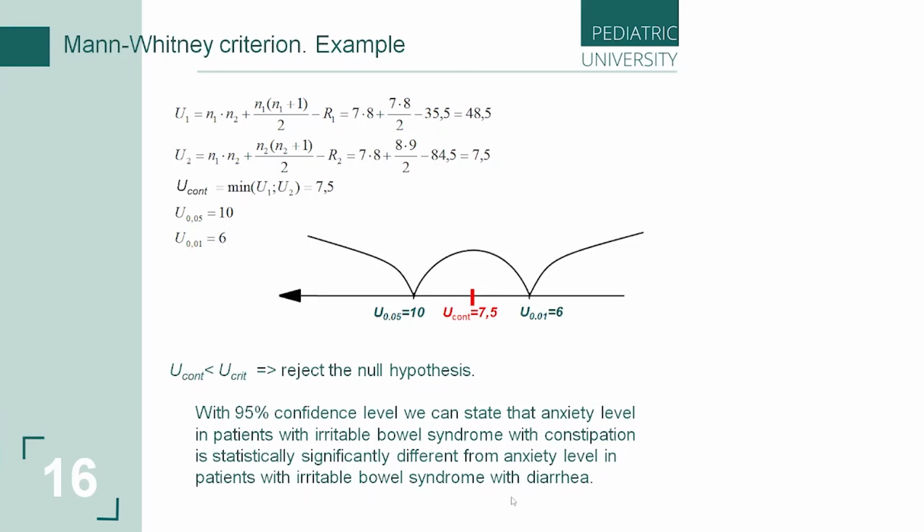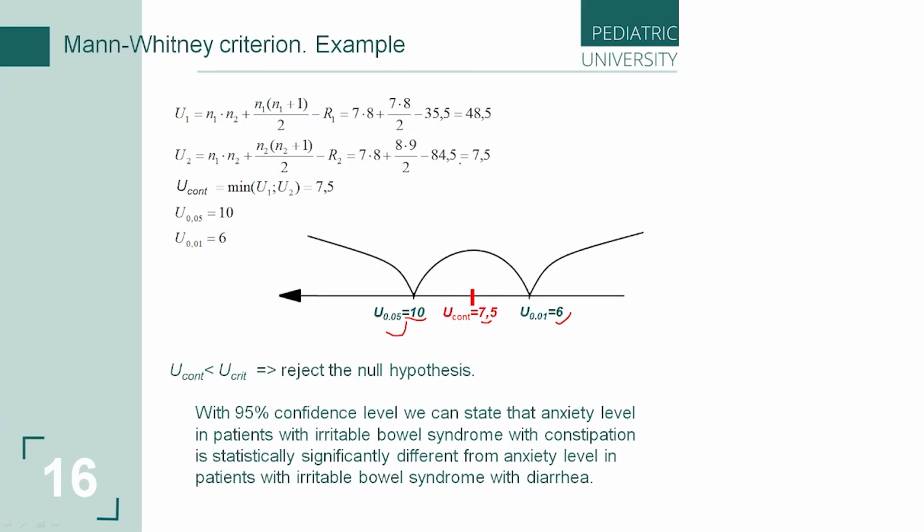Since there are fewer than 20 elements in the sample, we analyze by the critical value in the table. For a significance level of 0.05, the critical value will be 10. For a significance level of 0.01, the critical value will be 6. Our control value is 7.5.